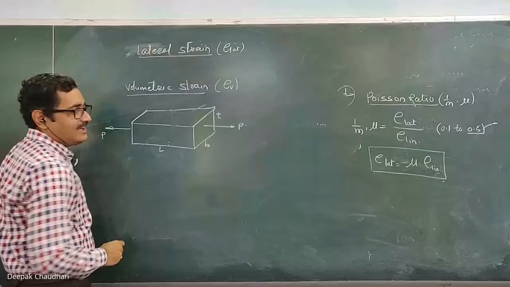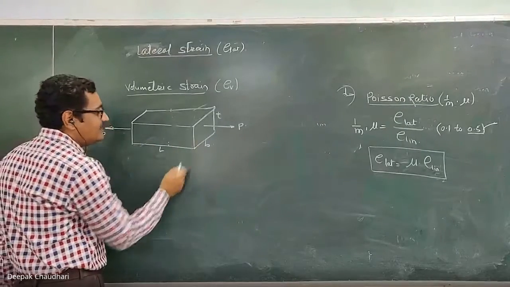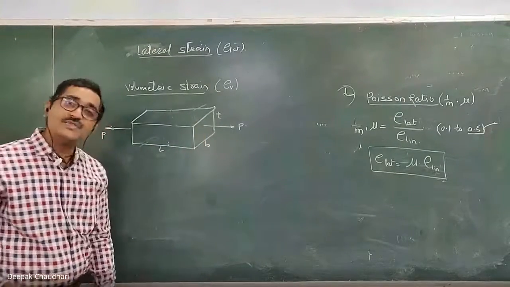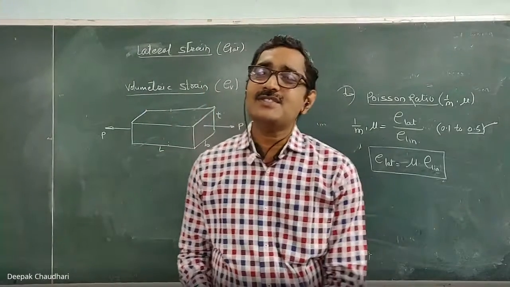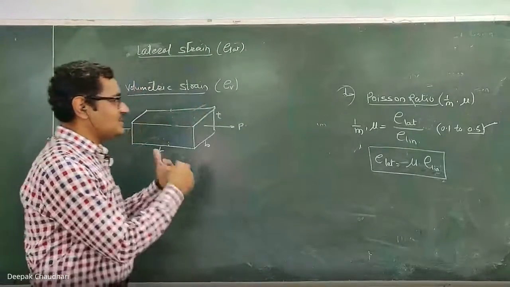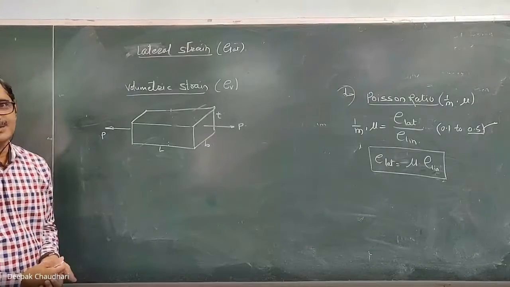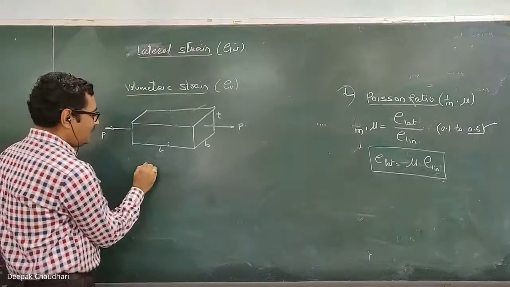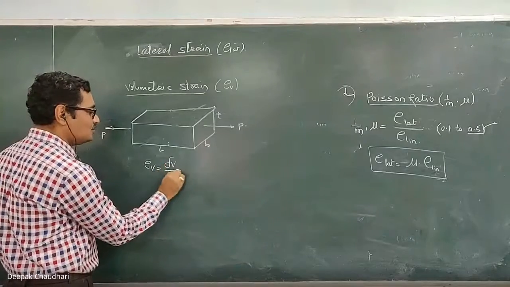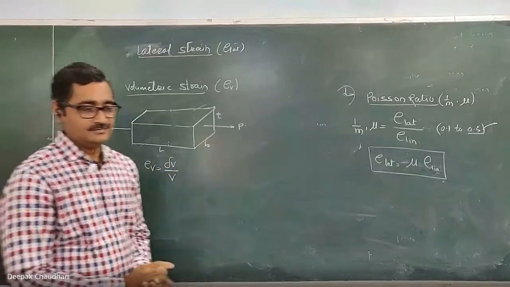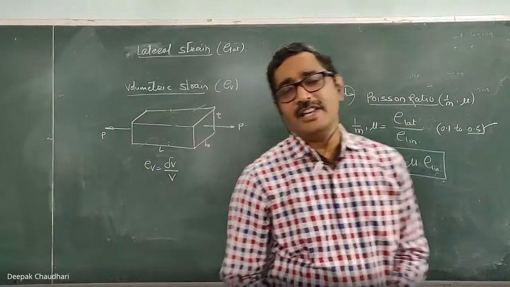There is a strain in length. There is a linear strain as well as lateral strain also. And because of this linear and lateral strain, the volume of the material changes. Okay, so this volumetric strain is defined as the change in volume to the original volume. Understood?